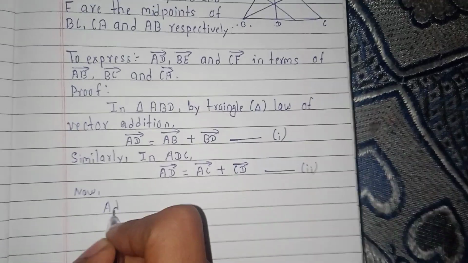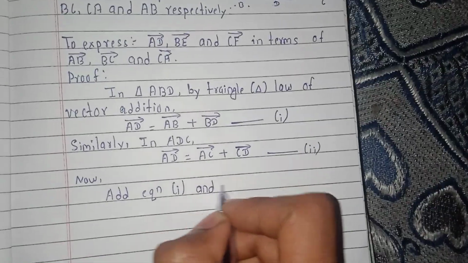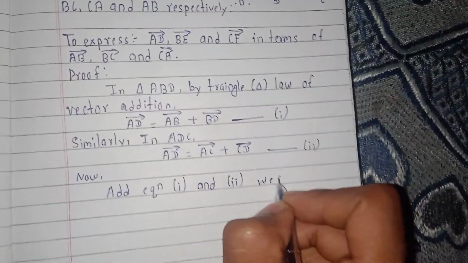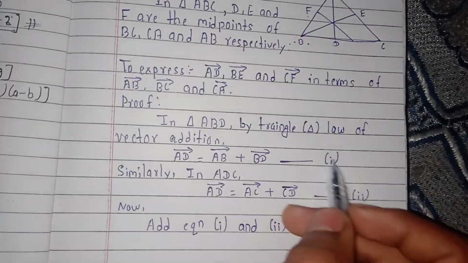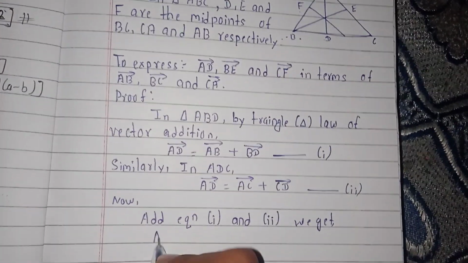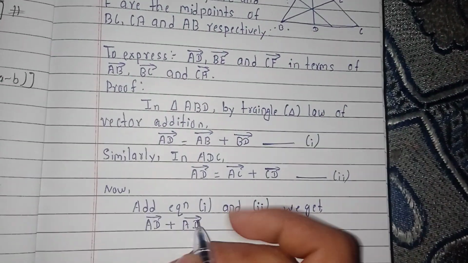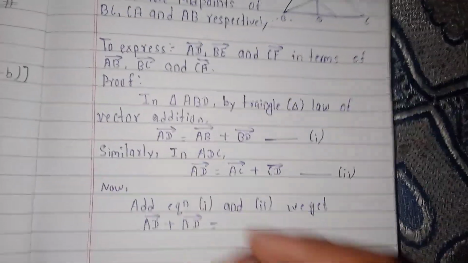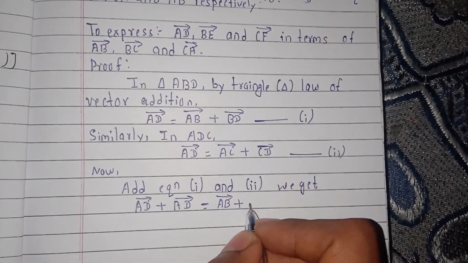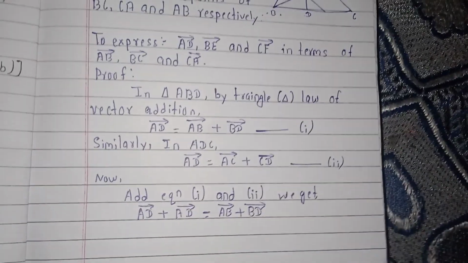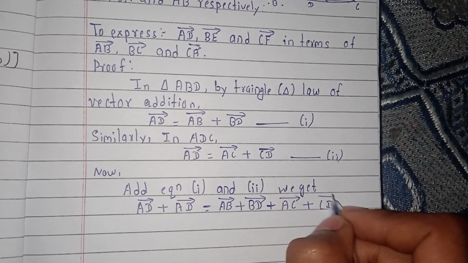Now add equation first and second. If you add both equations, AD vector plus AD vector is equal to AB vector plus BD vector plus AC vector plus CD vector.